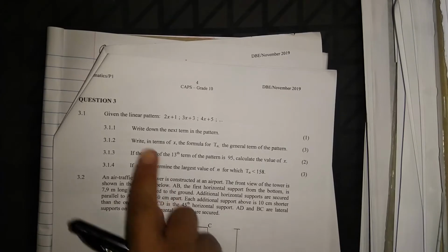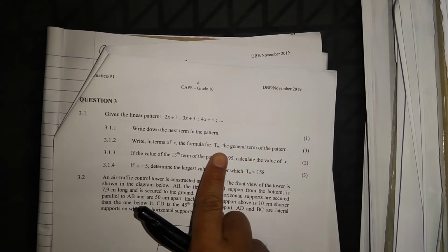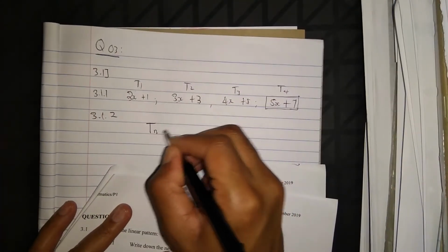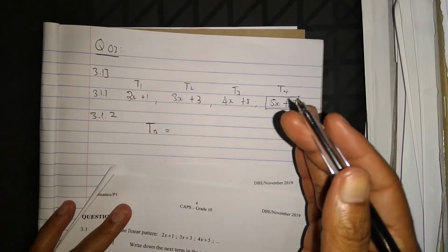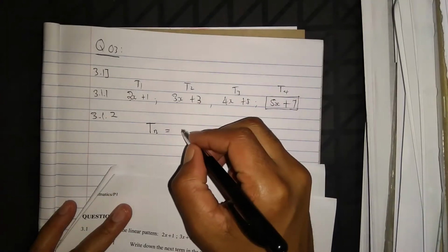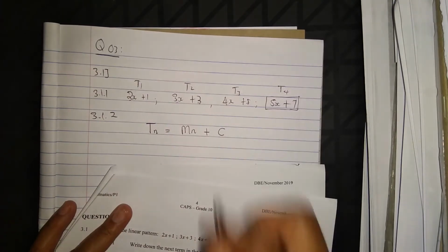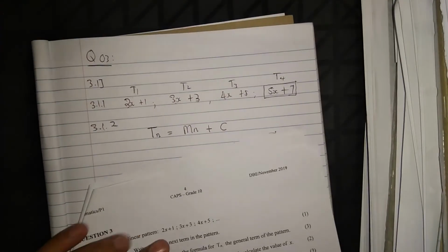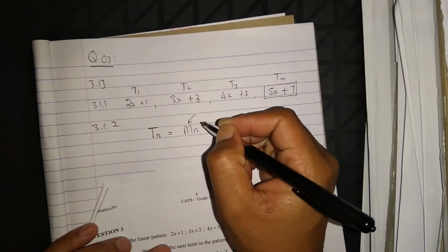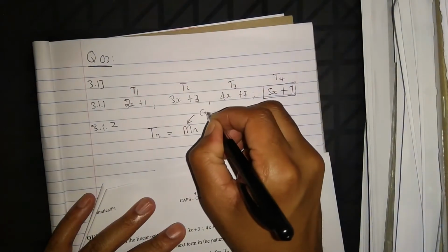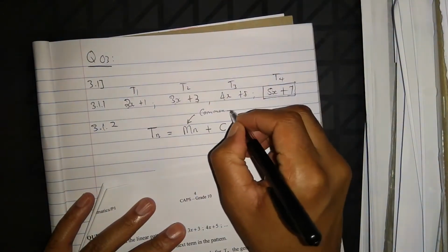3.1.2 write in terms of x the formula of Tn, the general term of the pattern, for 3 marks. So I know that for a linear pattern the general formula for any given linear pattern is mn plus c, where m will represent the common difference.